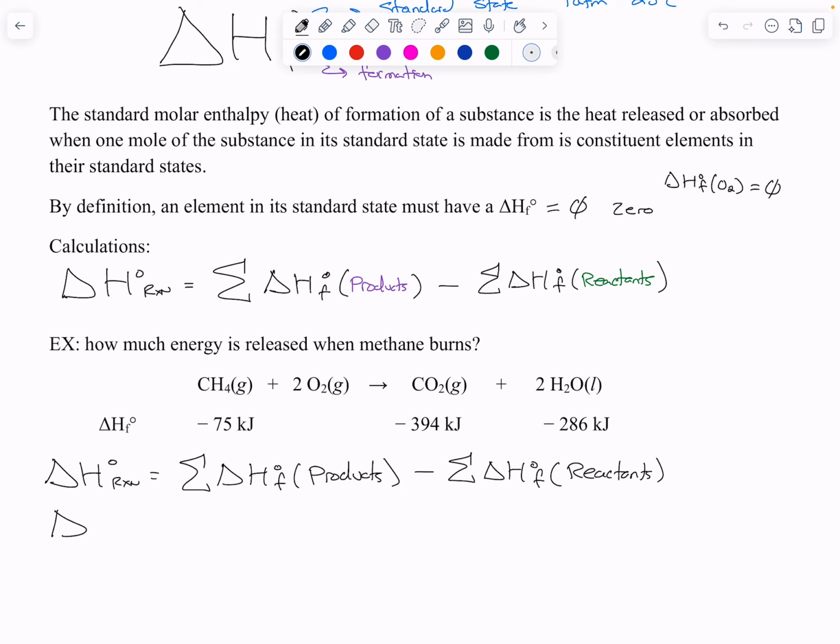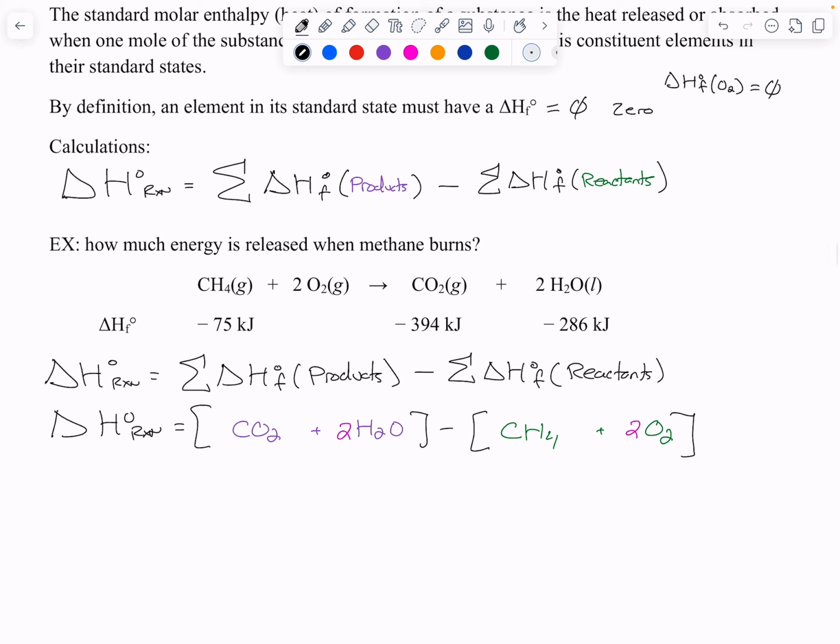So delta H, products, CO2 and H2O. Now, there are 2 H2Os, and that matters, right? There's 2 moles of water, and that matters. Reactants, we have CH4, and we have O2. And there are 2 moles of O2. So now we're going to put numbers in.